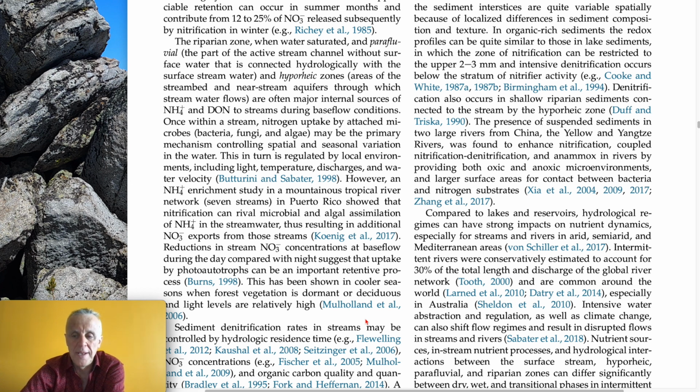The presence of suspended sediments in two large rivers from China, the Yellow and Yangtze rivers, was found to enhance nitrification, coupled nitrification-denitrification, and anammox in rivers by providing both oxic and anoxic microenvironments and larger surface areas for contact between bacteria and nitrogen substrates.